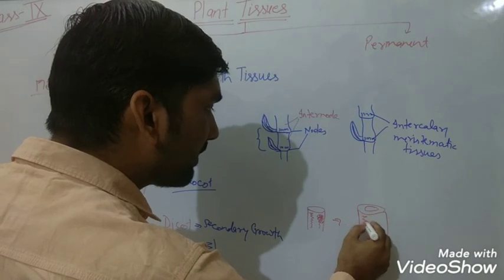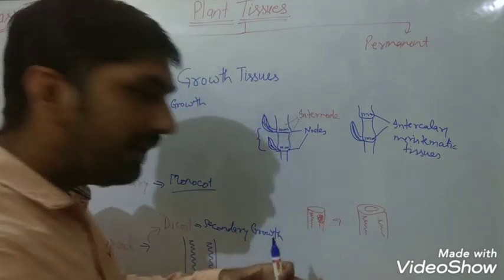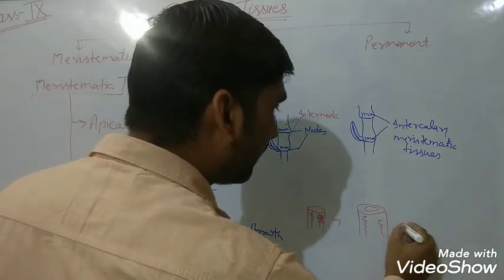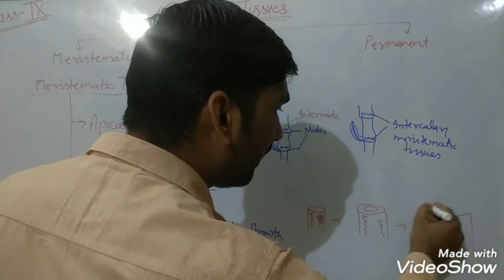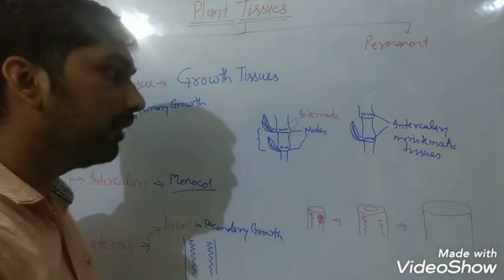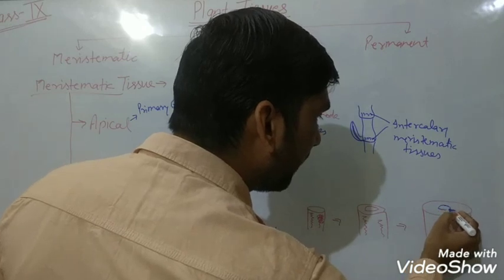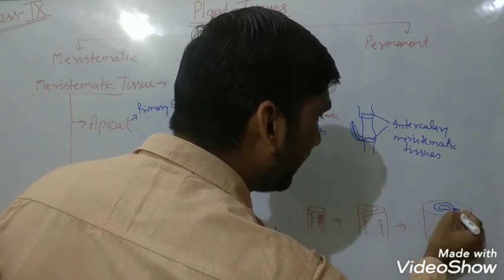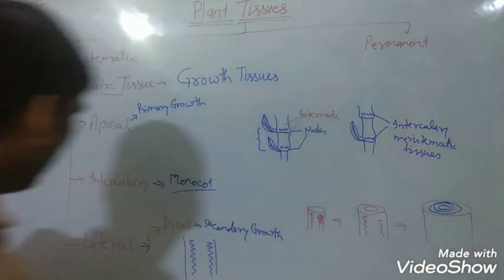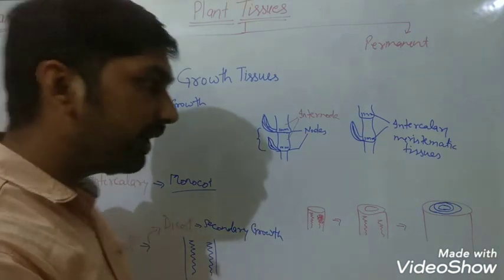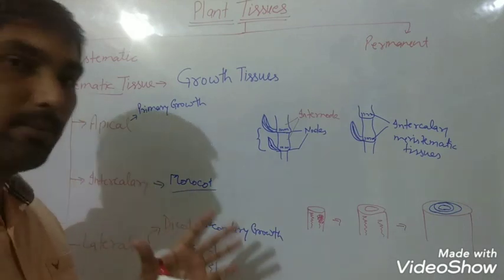Now again the meristematic cells present here will divide, and finally they will increase the girth of the stem like this. So finally they are responsible for the girth of the plant, and perhaps you have seen a number of rings in the stem, representing the annual growth due to the lateral meristematic tissues present laterally in dicot or vascular plants.